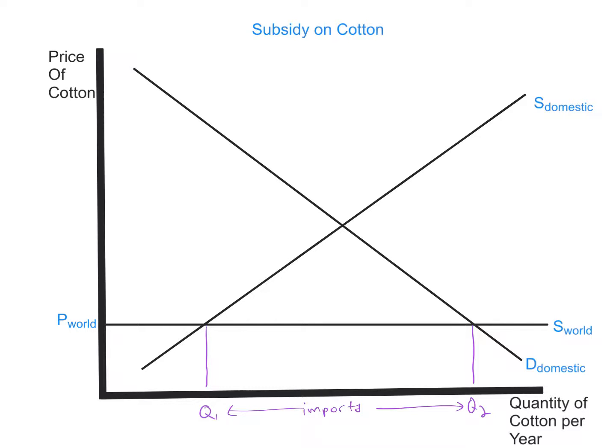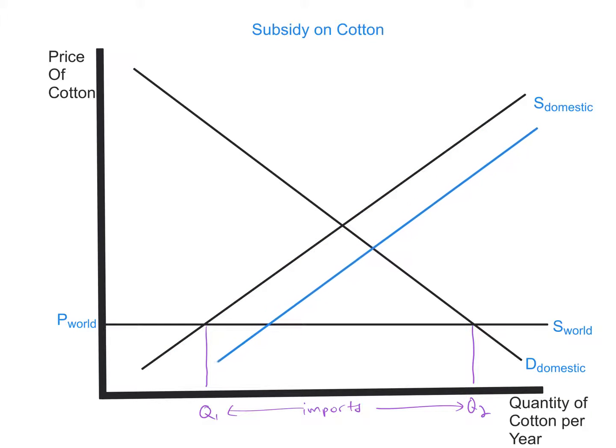What a subsidy does is it tries to support the domestic producer, and we'll mark that out and show how. Much like our subsidy diagram in microeconomics, we are going to use a change of the supply curve to denote this.